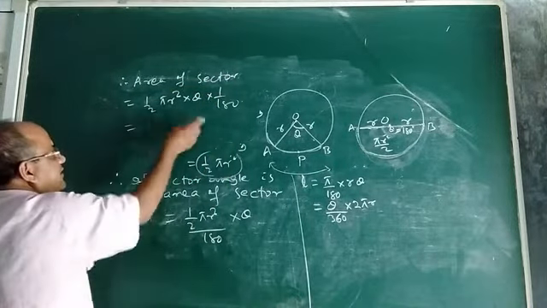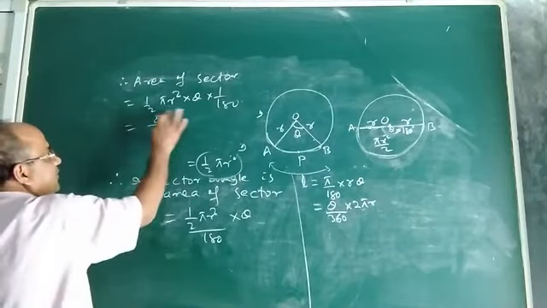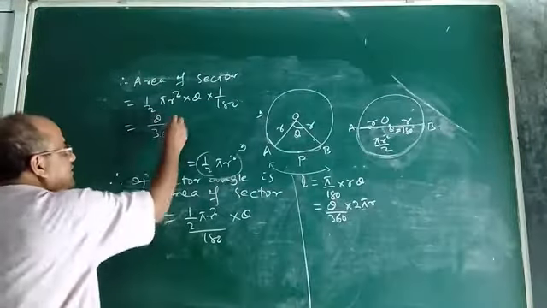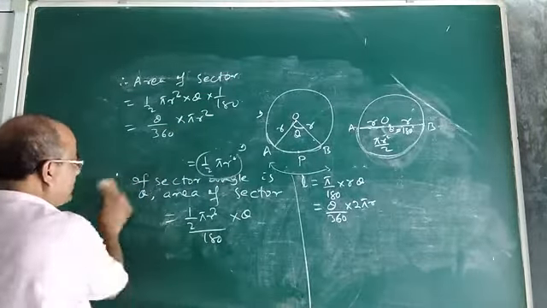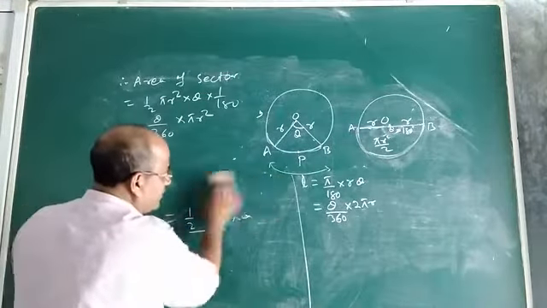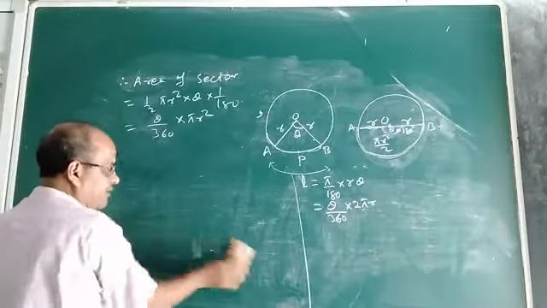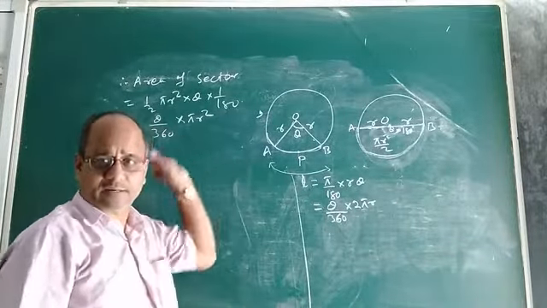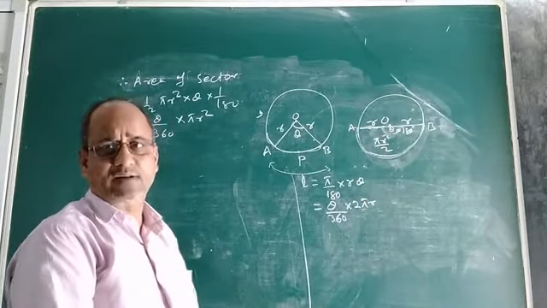Let us simplify it. Multiplying 2 and 180, it will be theta by 360 into pi r square. So this will be the formula, the area of the sector if the sector angle is theta.